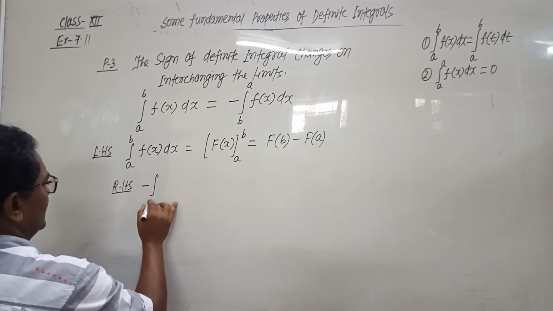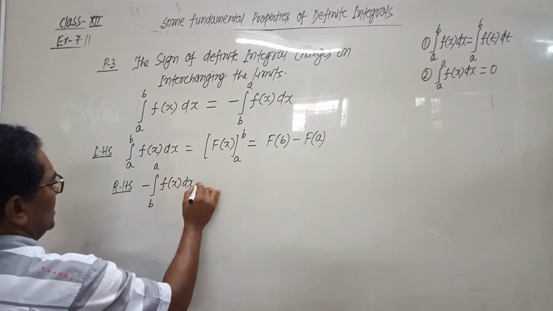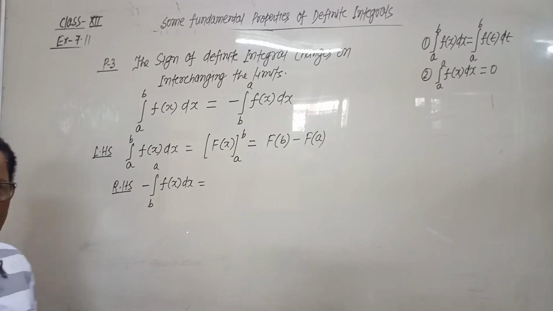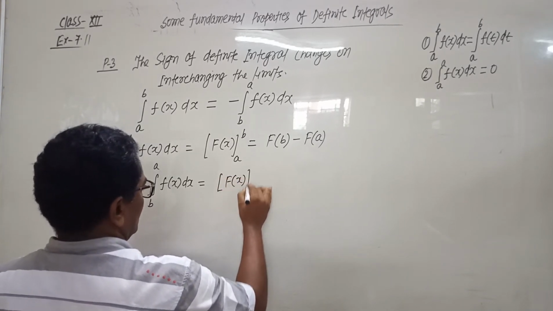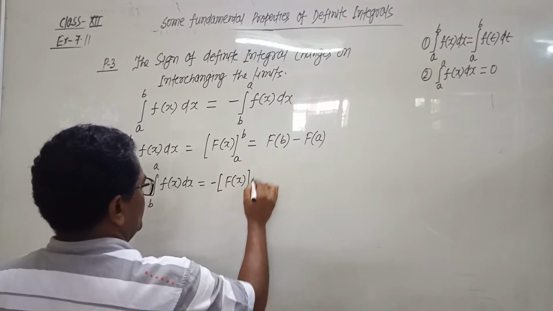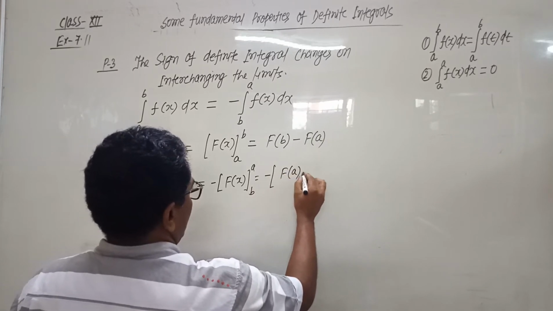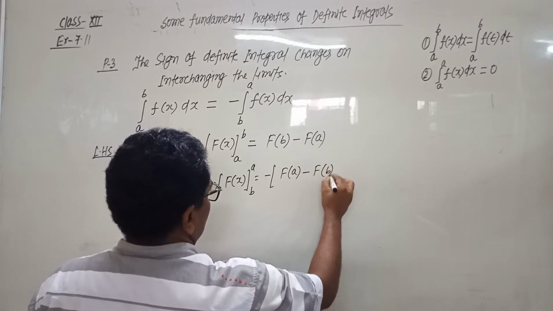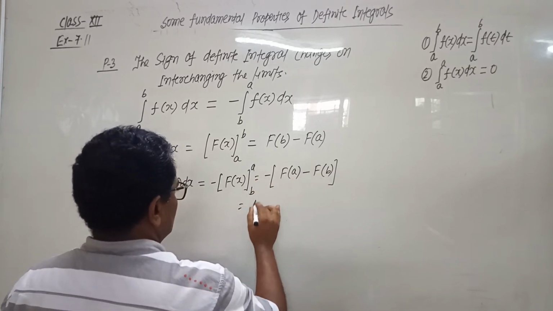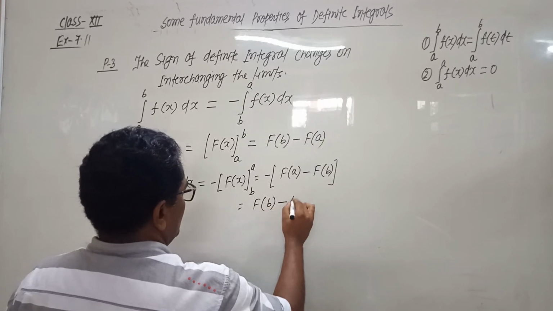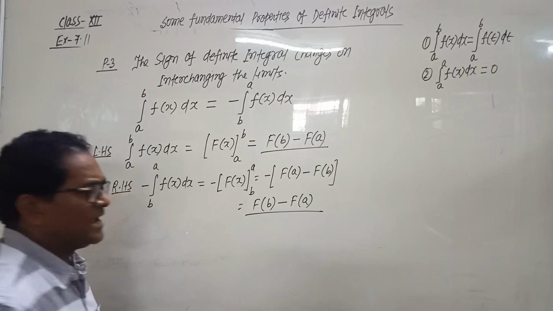Then RHS: minus integration b to a f of x dx, and integral of f x dx is capital F of x and limit from b to a. So minus outside, put the limit. So F of a minus F of b, and remove the bracket. So minus becomes plus. So F of b minus F of a. So this is RHS and this is LHS.